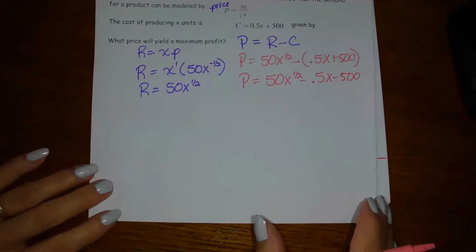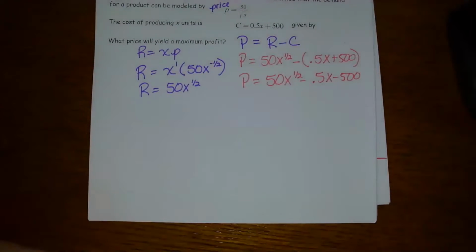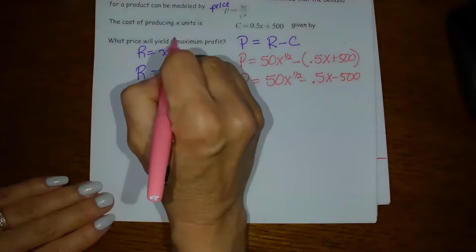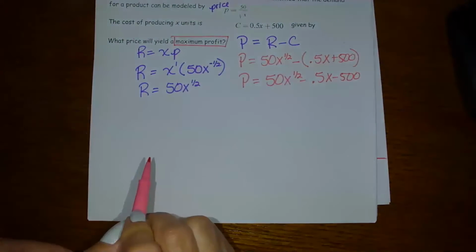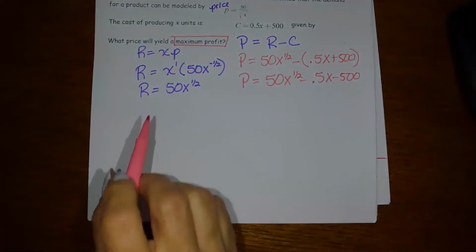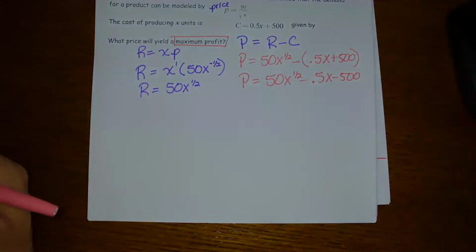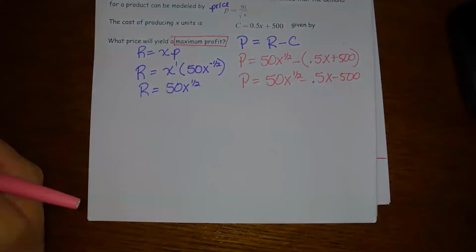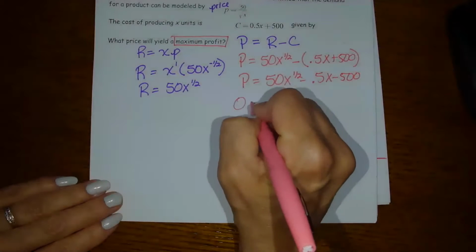Right? This is going to give me profit. I want maximum profit. And what does maximum profit mean? Take the derivative of profit and set it equal to 0, right? True? Okay, here we go.